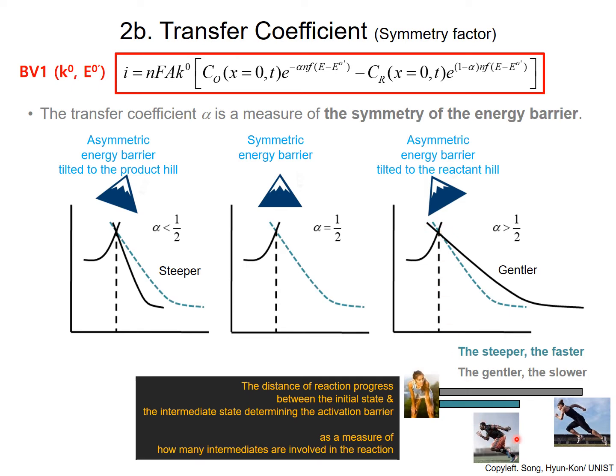Therefore, the shorter distance indicates faster kinetics. So let me summarize the interpretation for this geometry: the steeper, the faster, and the gentler, the slower.